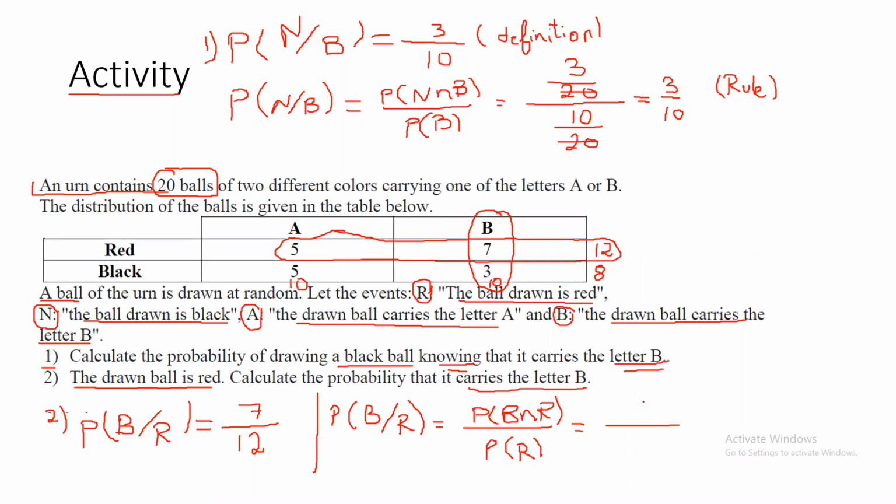And the probability of red, how much? 12 over 20. So we get 7 over 12.